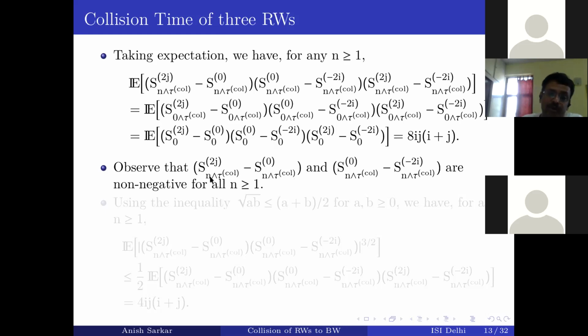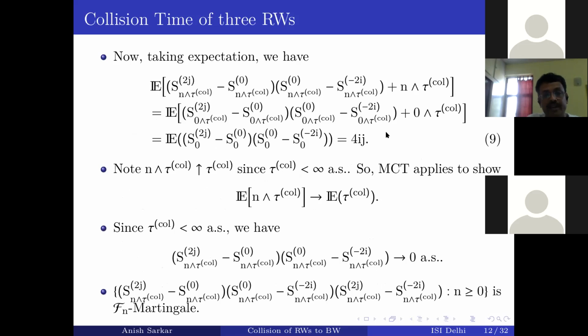But up to that time, the distances have always been greater than 0, and at collision time one of the distances becomes 0. So these two are always non-negative. This is one thing you have to keep in mind. With this understanding, I'll go back to the previous page. So this is always non-negative.